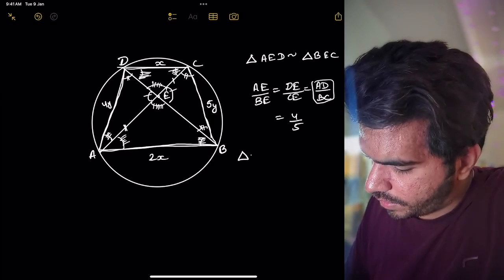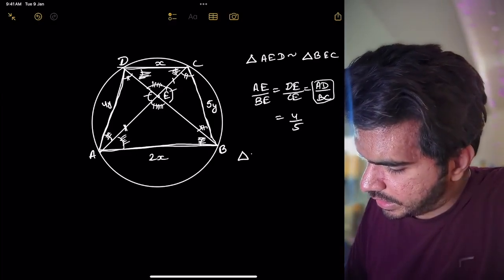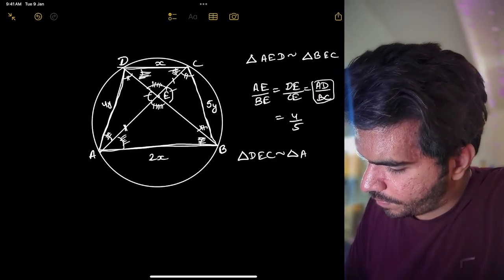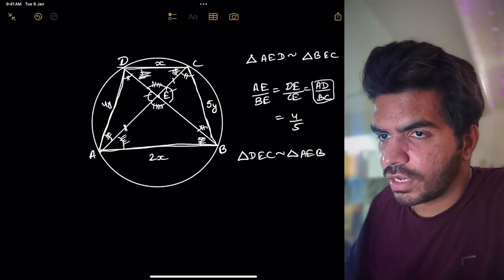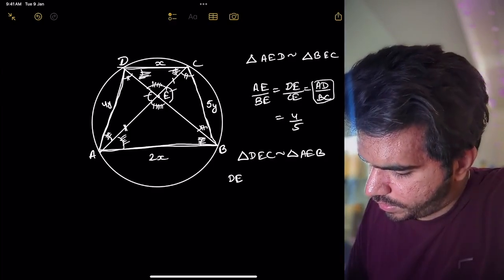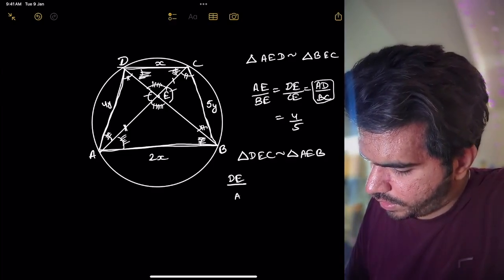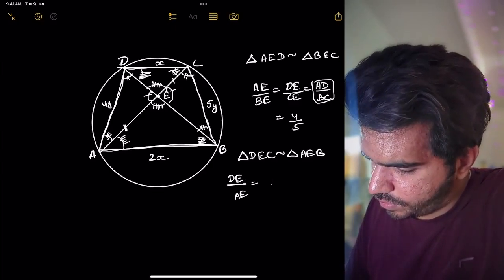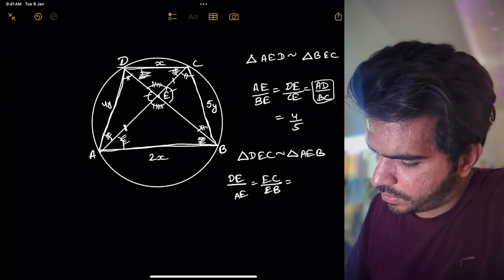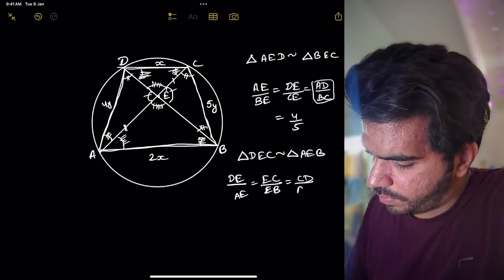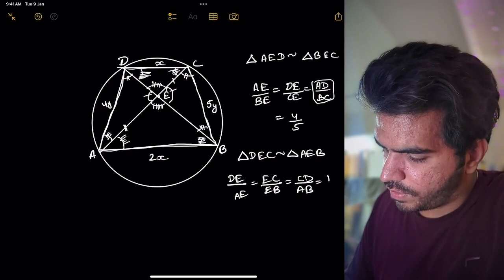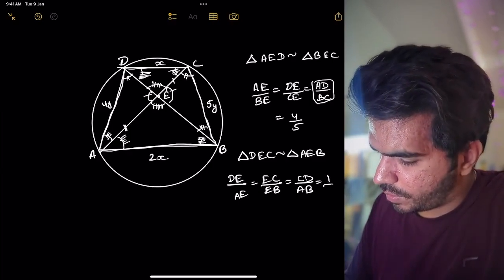Similarly, we can have triangle DEC similar to triangle AEB, and using again the corresponding parts ratios, it will be DE upon AE is equal to EC upon EB is equal to CD upon AB. Now we have again this ratio, CD to AB is 1 is to 2.